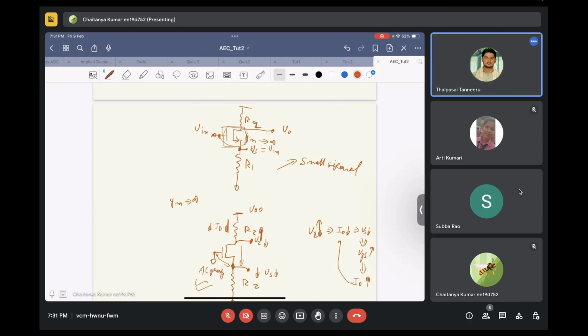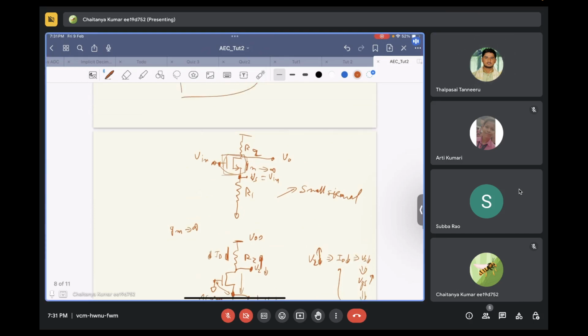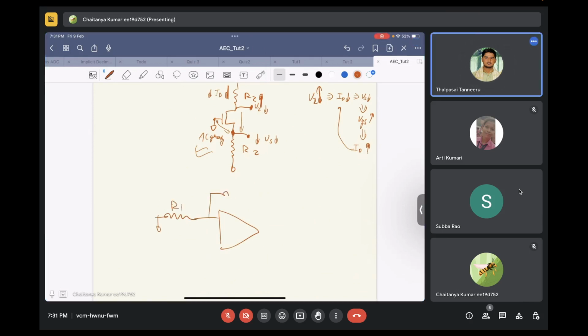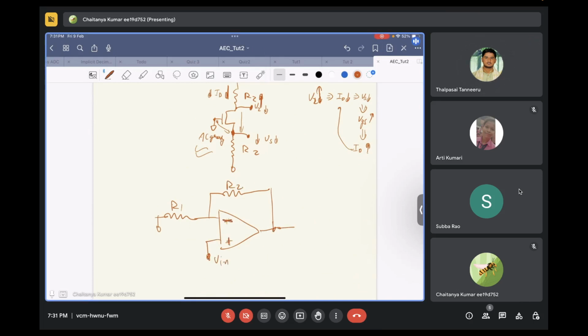Basic. Let's say this was the circuit, and you applied Vin over here. In order to establish the virtual ground in this circuit, what does virtual ground mean?